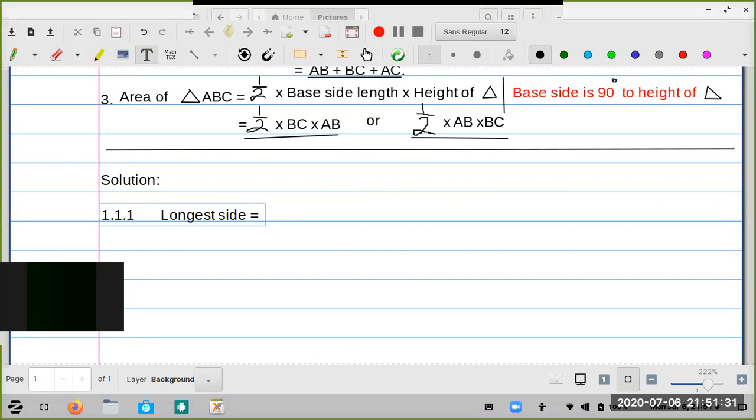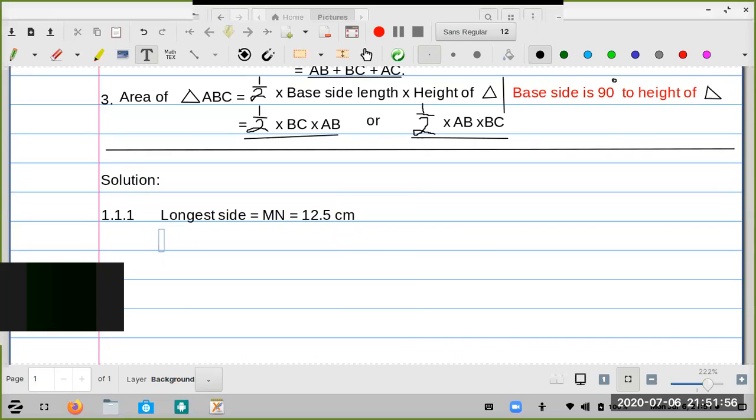My longest side is MN, which is equal to 12.5 centimeters. Here I'm just taking note of the important information.